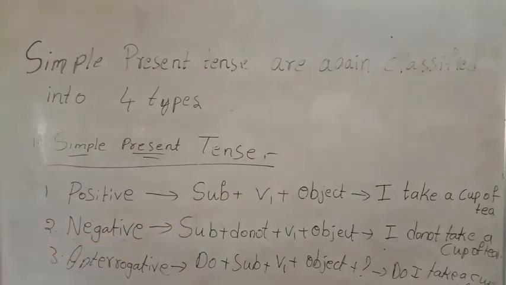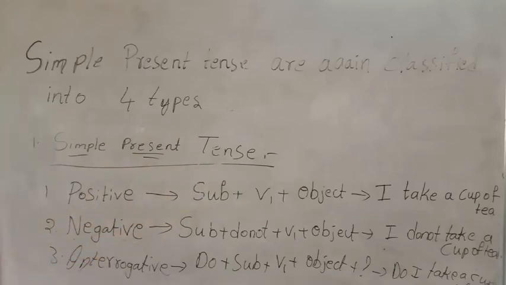Here we have to notice one thing: in simple present tense, we have two different types of structures. This is the first structure, subject plus V1 plus object. What are the subjects we are about to take here?